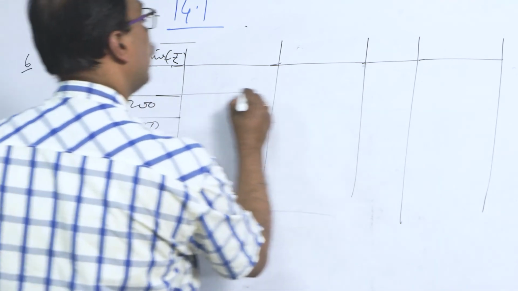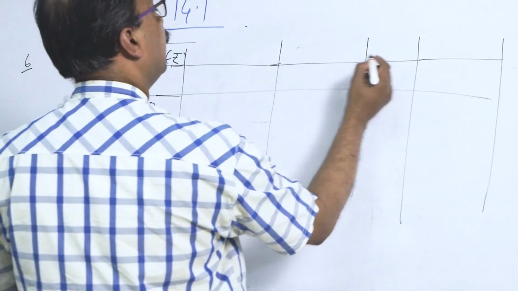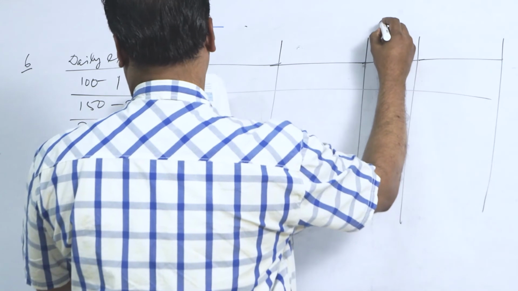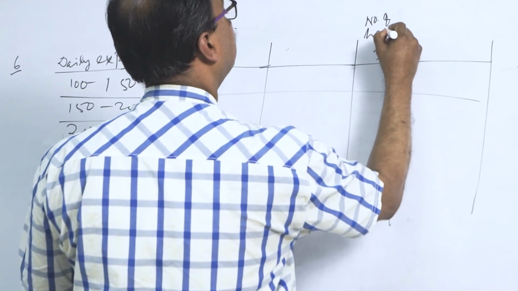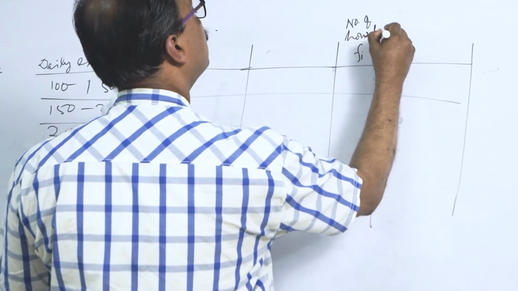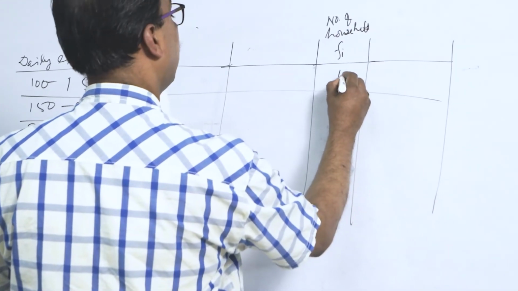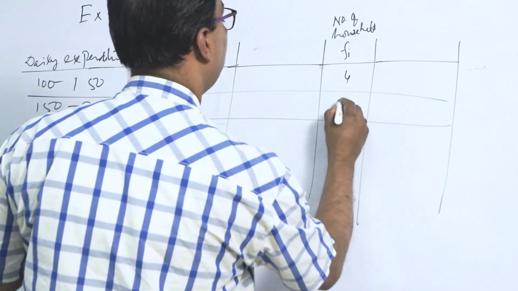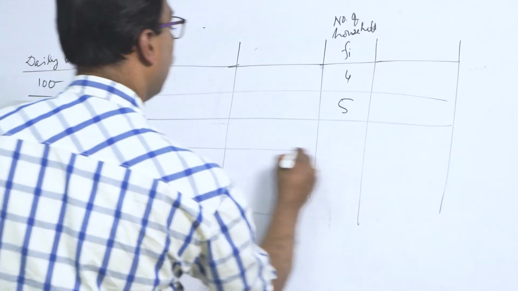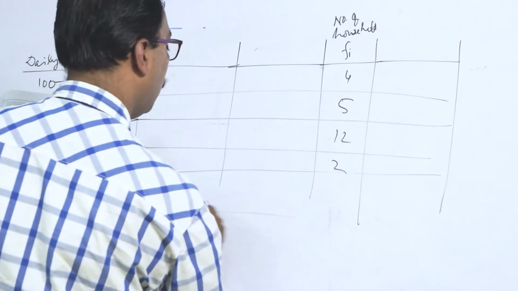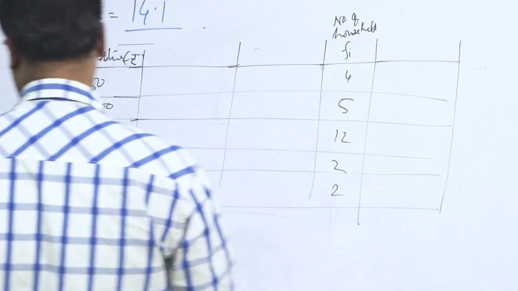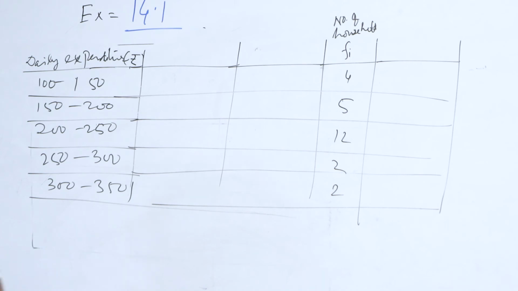Then the frequencies are given, that is the number of households: 4, then 5, 12, 2, 2. You have to find the mean value.